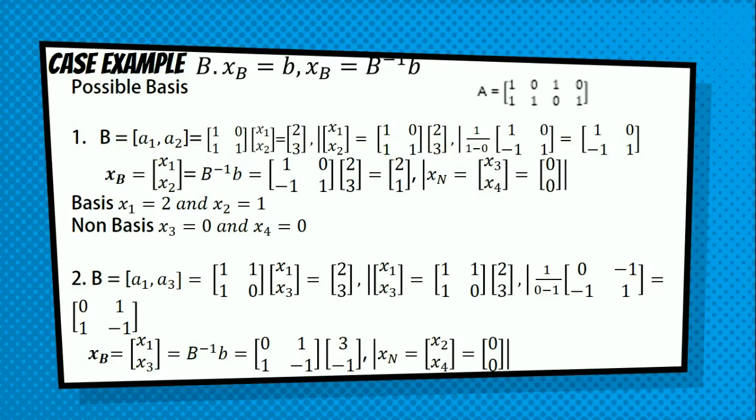Okay, there is a mistake, but the result is true. This is the value of basis x1 and this is the value of x3. So we get another basis: x1 equals 3, x3 equals -1, and the rest is non-basis, 0, 0.